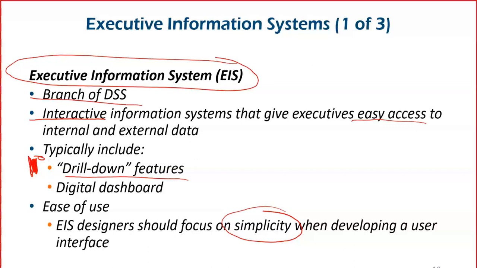If you see the word drill down, you probably know that DSS therefore also involves a lot of data warehouse, because drill down and drill up are actually provided by the data warehouse.